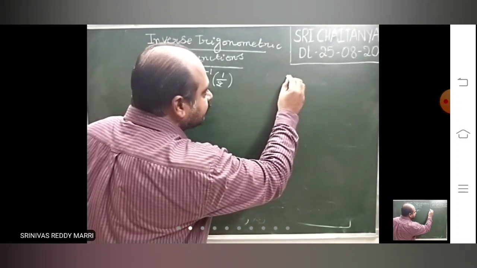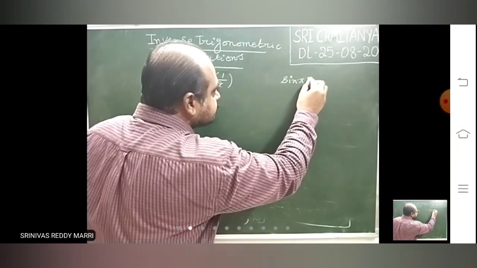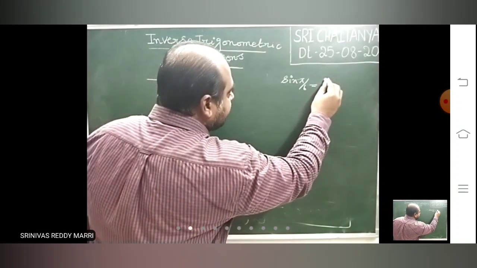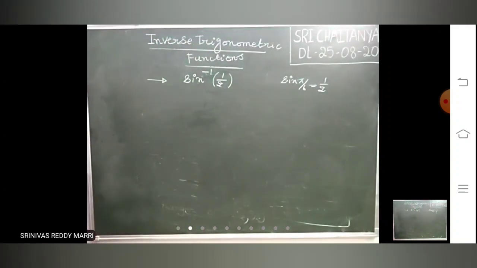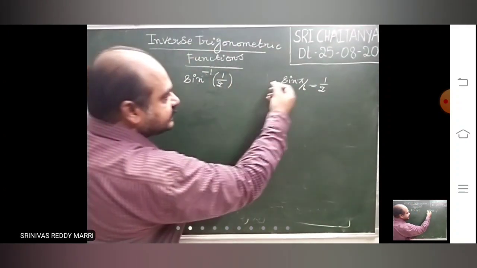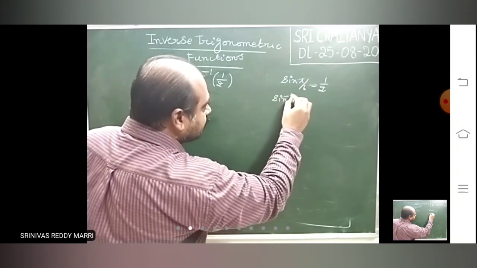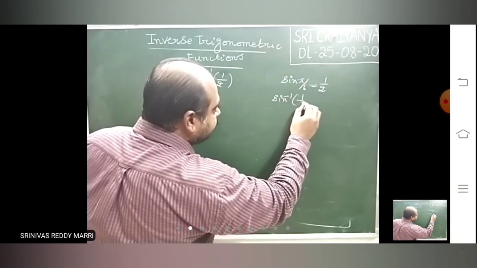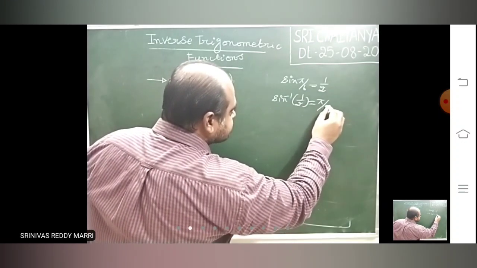You know that sine pi by 6 is 1 by 2. So sine inverse 1 by 2 is nothing but pi by 6.